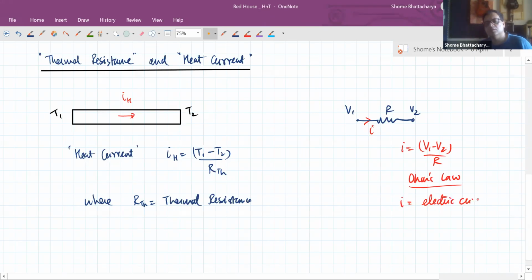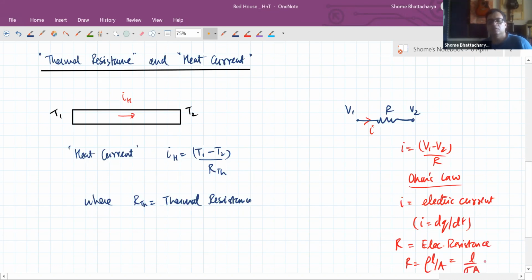This is the electric current, and this is the electrical resistance, which is rho L by A, the same thing as L upon sigma A, where sigma is electrical conductivity.